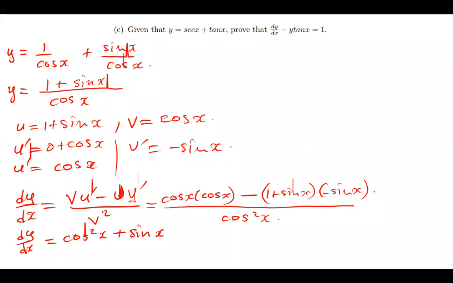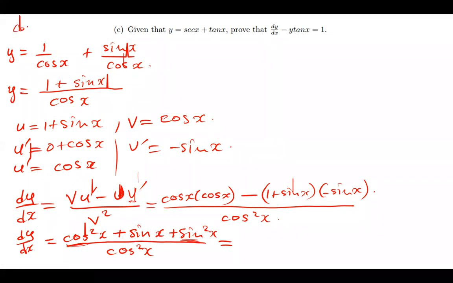And then we have sine x times sine x will get positive sine squared x. Then everything divided by cos squared x. So this part, cos squared x plus sine squared x, is a Pythagorean identity which gives 1.